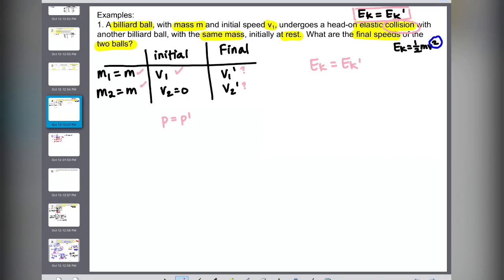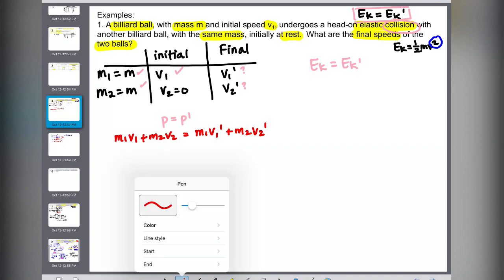The format stays pretty much the same. I'm going to have P equals P prime. So I'm going to go in and make m1v1 plus m2v2 the same as m1v1 prime plus m2v2 prime. If I drill nothing in your head, I'm still going to drill this again: you must put this first equation, even though some of the masses can cancel.